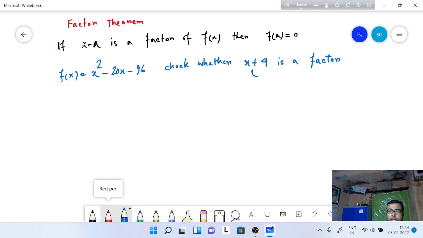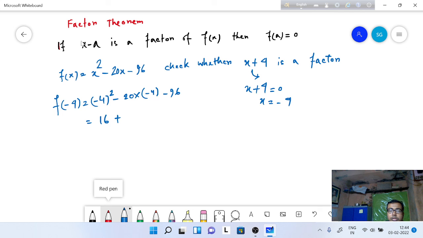First step is similar: find the zero of that. x plus 4 equal to 0, that means x equal to minus 4. Put it in f(x), f of minus 4: minus 4 square minus 20 into minus 4 minus 96, that is 16 plus 80 minus 96, so 0. It satisfies the condition, so we can say x plus 4 is a factor.